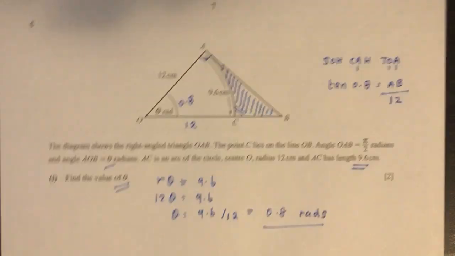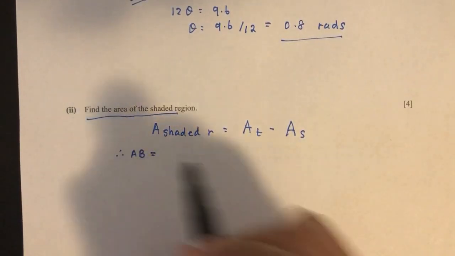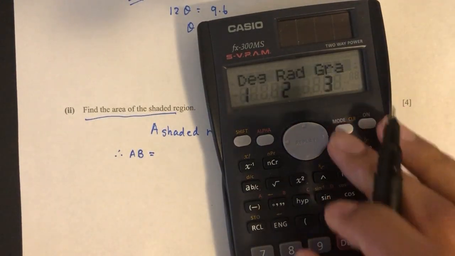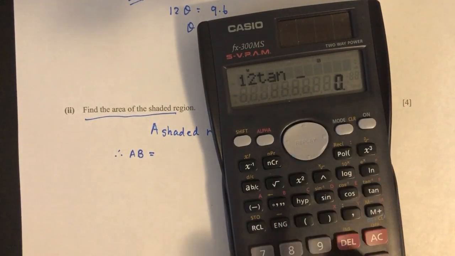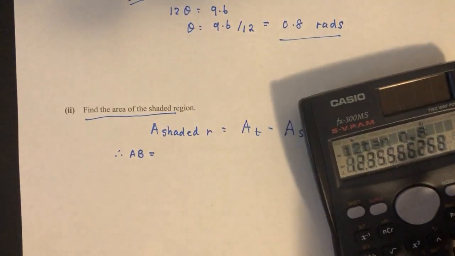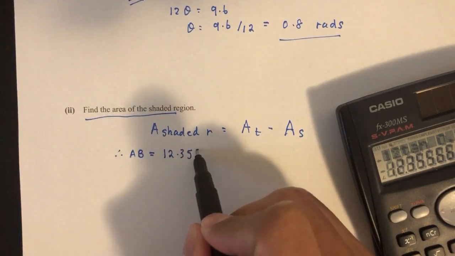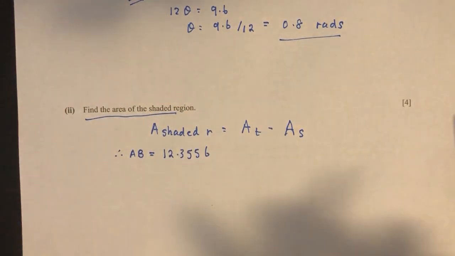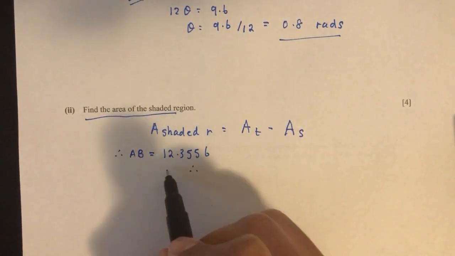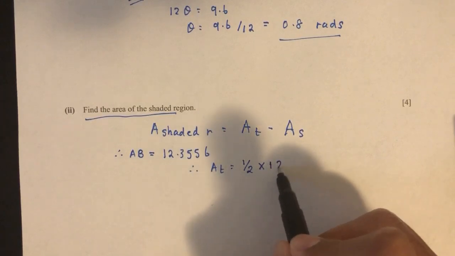So AB is equal to 12 tan of 0.8, making sure the calculator is in radians. That should be 12.3556. That's AB.